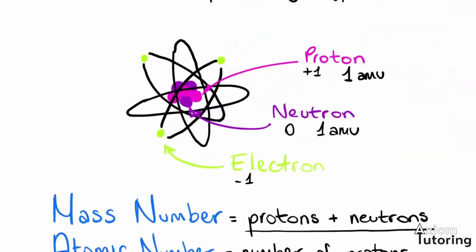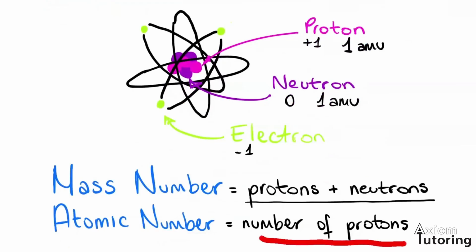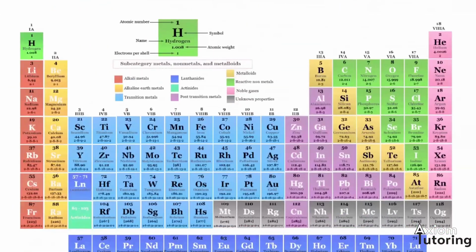We call that the atomic number, which is quite simply the number of protons within that atom. And atomic numbers is how elements are organized in the periodic table. They're also organized by other information, like the type of element that they are.